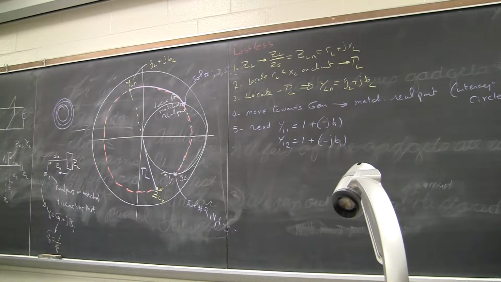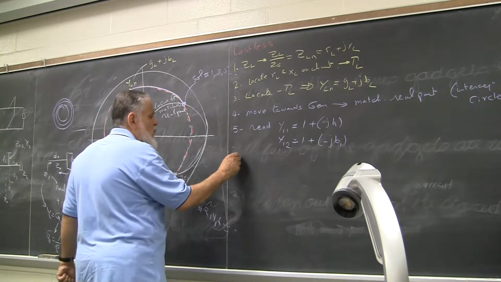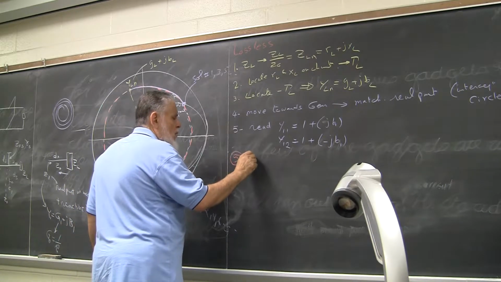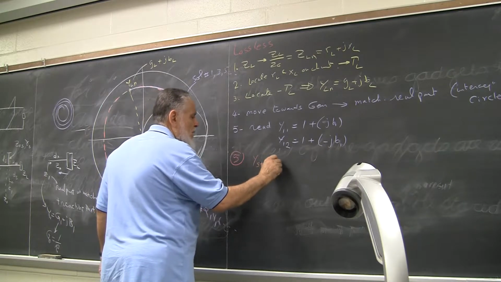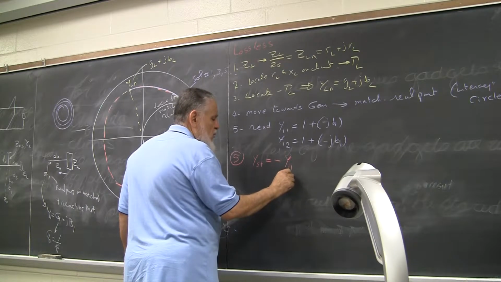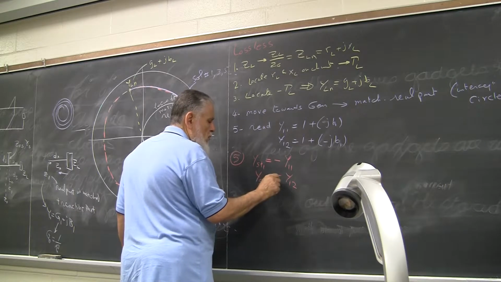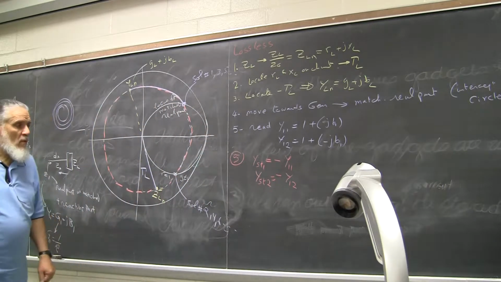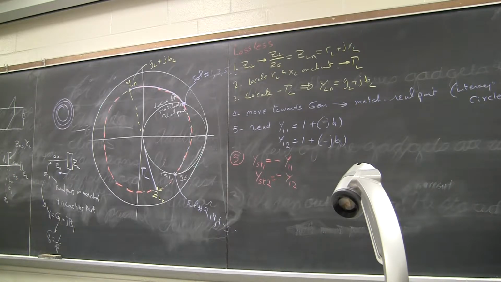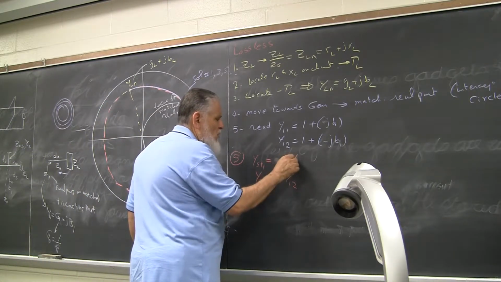We read that, and that means we'll go to step 5. Y stub is equal to minus Y1,1 or minus Y1,2. So there's Y stub 1, Y stub 2. There are two possible solutions: either negative the first one or negative the other one, because the real part is 0 anyway.